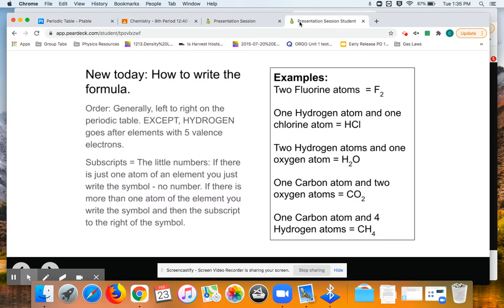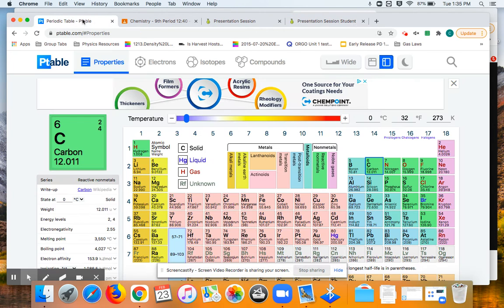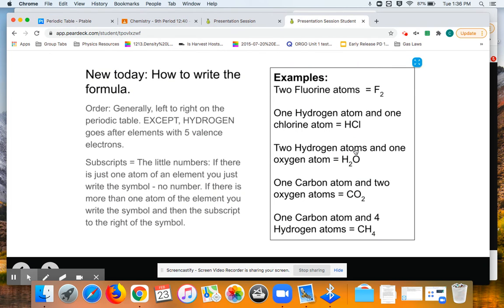And then the other little exception is hydrogen. So hydrogen sneaks in between column 5 and column 6, or the elements with 5 valence electrons and the elements with 6 valence electrons. So let me show you an example.